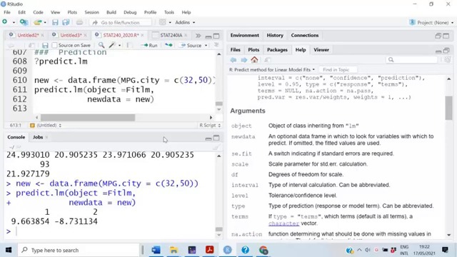Okay. So if I want to predict, let me do it on the board. If I fit my regression, like what we did, it is like this.